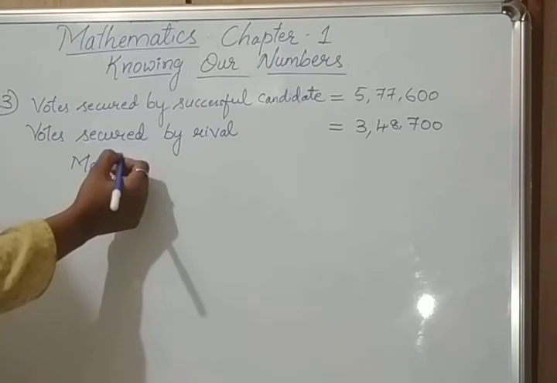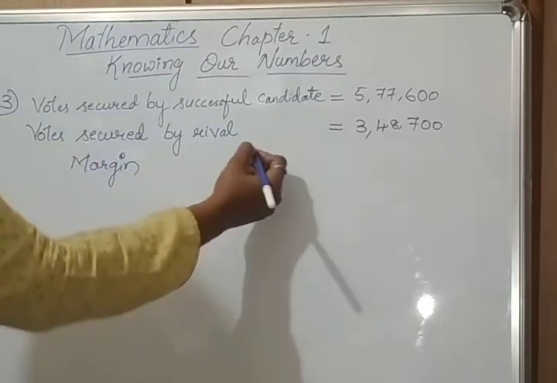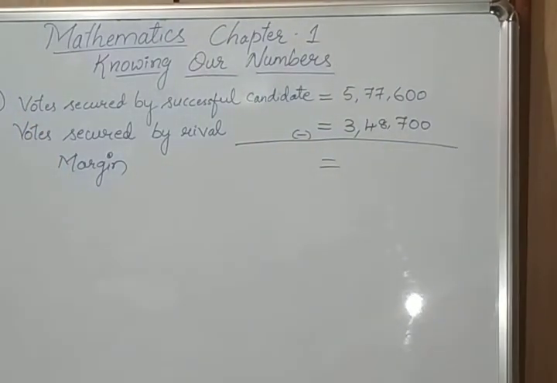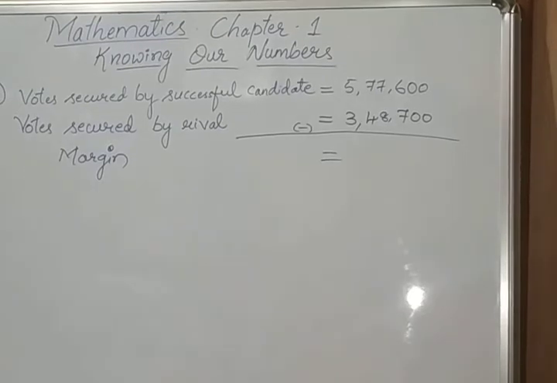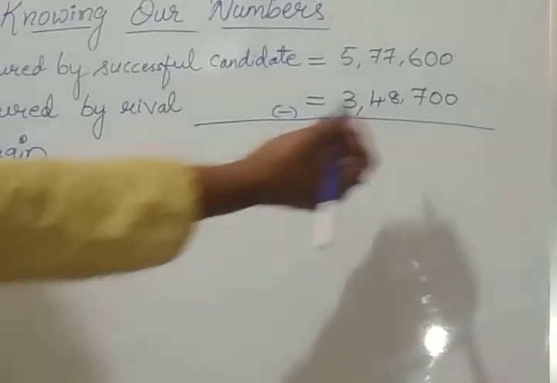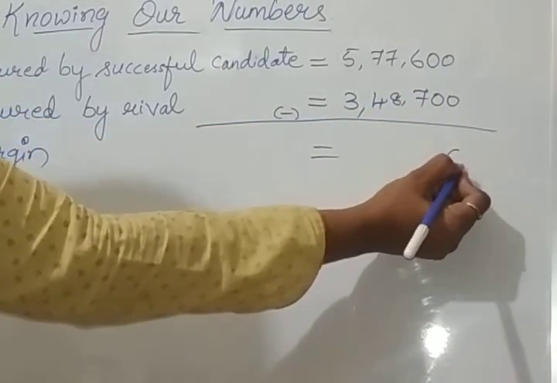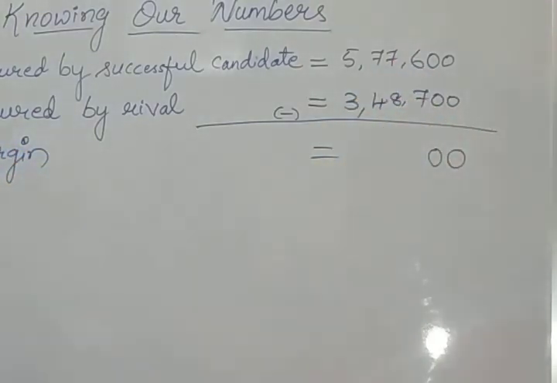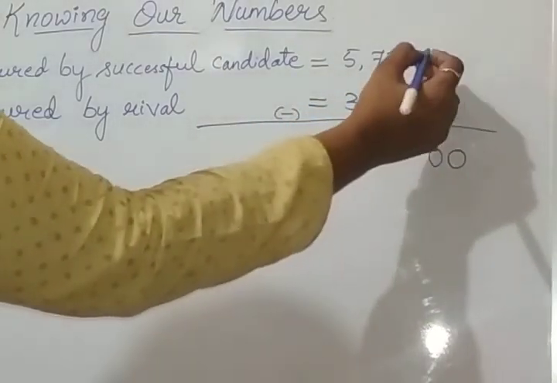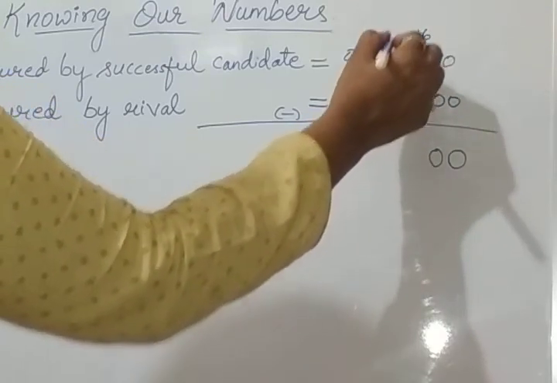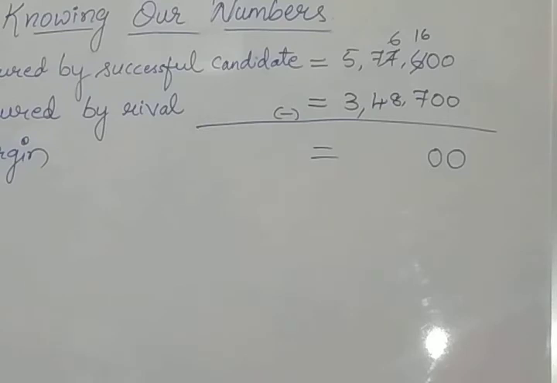Therefore, margin is equal to, we have to minus this. So write down the subtraction sign there, minus, margin. You see here, 0 minus 0, 0. 0 minus 0, 0. 6 minus 7 we cannot do because 6 is smaller than 7. So borrow from here, 6 becomes 16, 7 becomes 6. 16 minus 7.